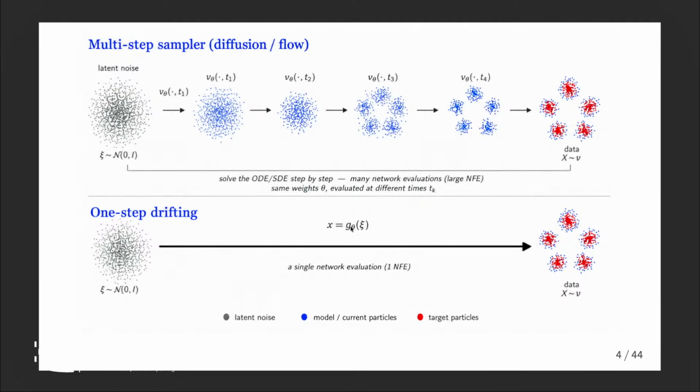Typically it's a neural network in the literature, such that it already gives you a random variable x which follows your target, right? So here your NFE is essentially 1. You're just doing one evaluation through the neural network.